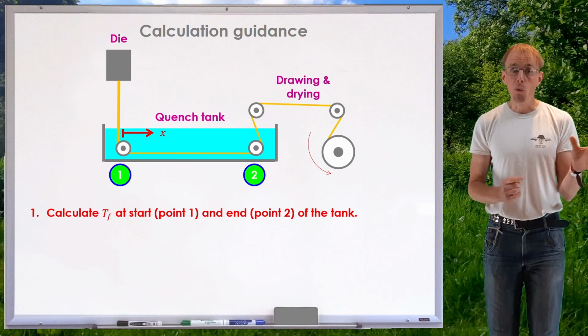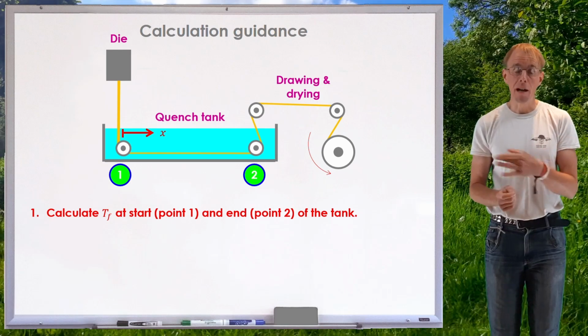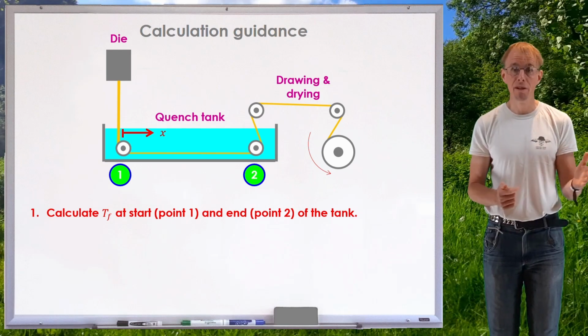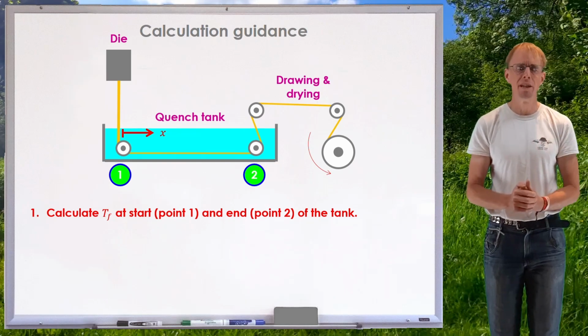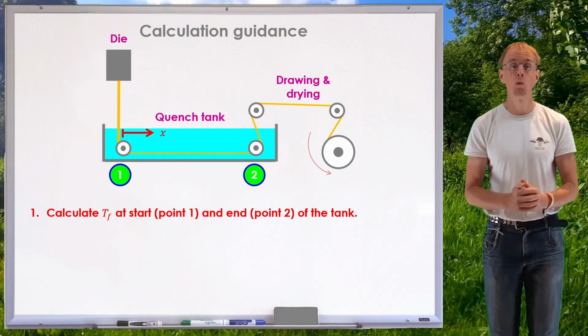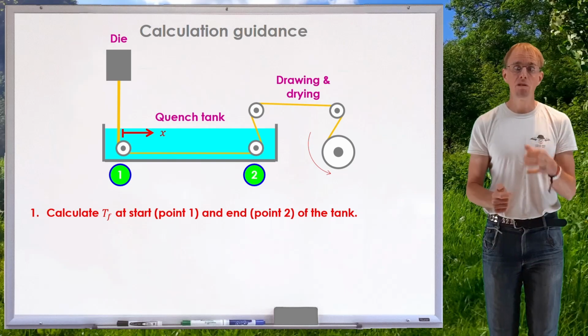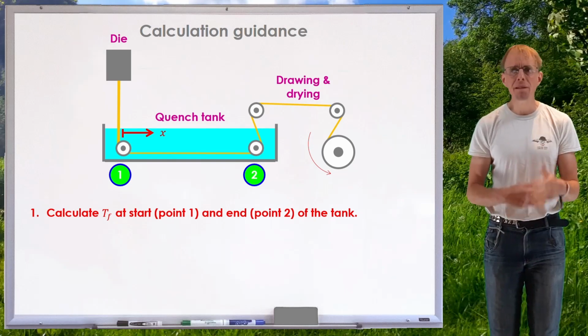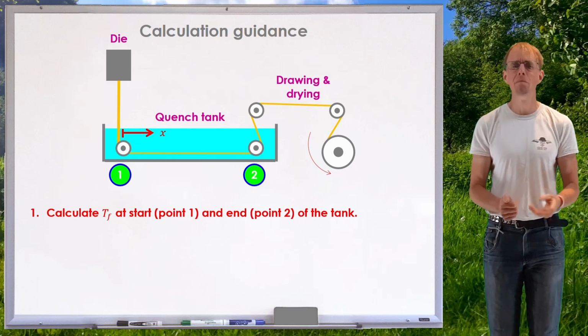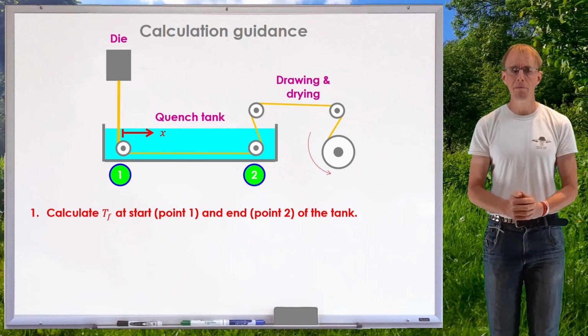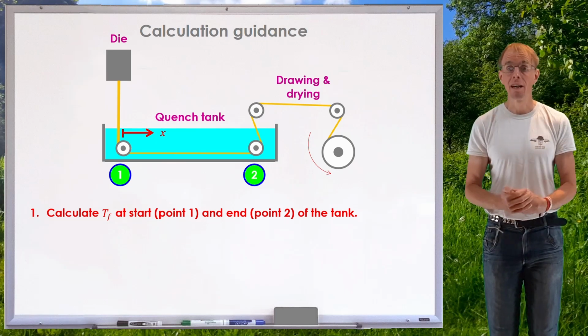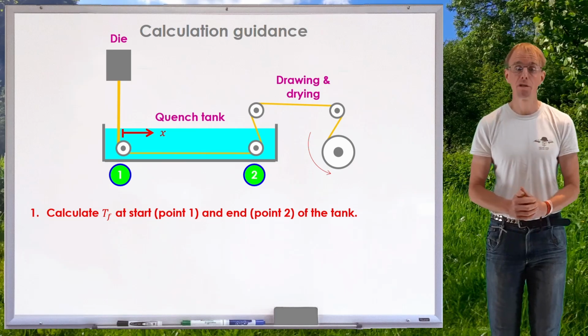We know for air cooling there's going to be advection dominance, and so very little cooling occurs. So let's say at point 1 it's effectively somewhere near die temperature, especially if I start at the water surface. And at point 2, I might be designing this to try and quench something, so I might make an estimate roughly of what I might expect the temperature to be, and then I'll go back and check that later based on how much heat I've lost.